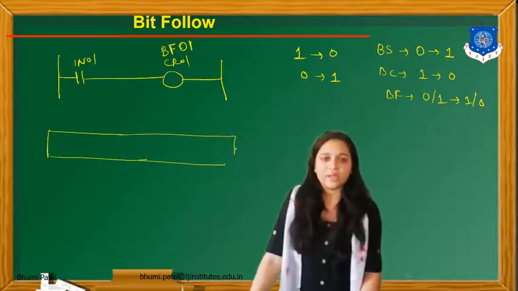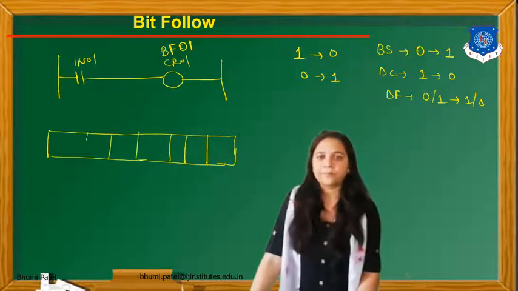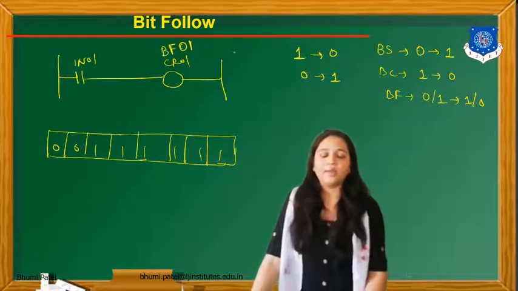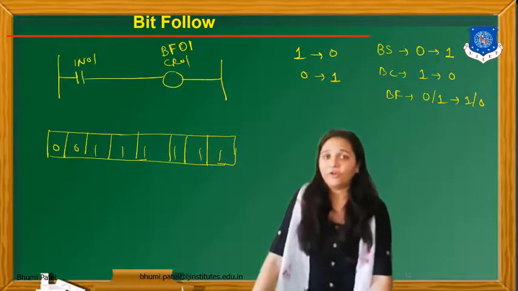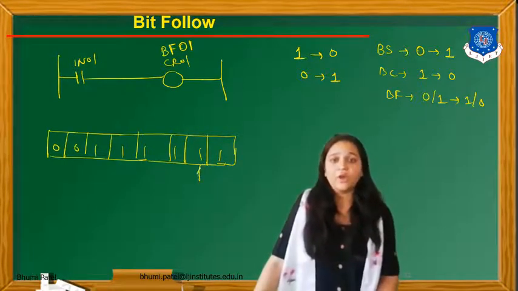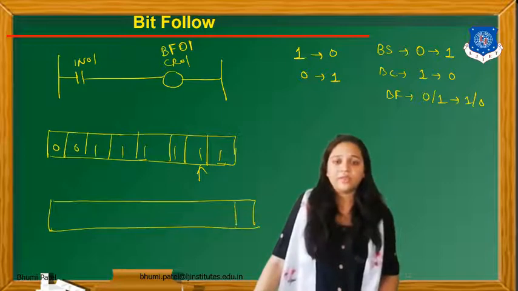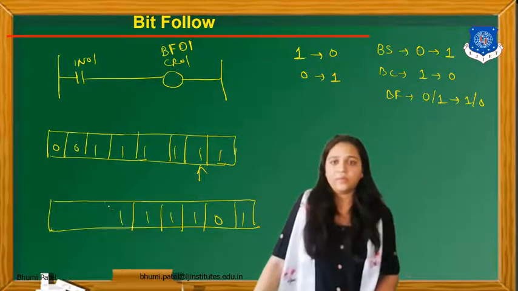So this is my 8-bit pattern, 1 1 1 1 1 1 0 0, and here we have to apply the bit follow for 0 1. So here already in the bit 1 they have given the high 1 input, so we can change it to 1, 0, 1, 1, 1, 1, 0, 0.